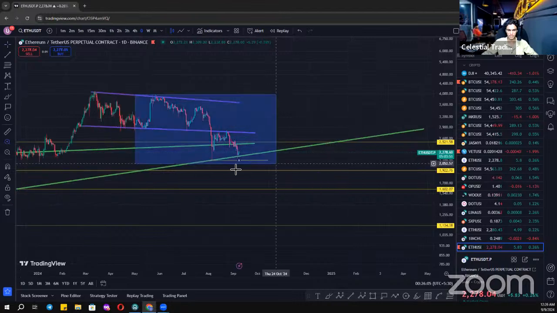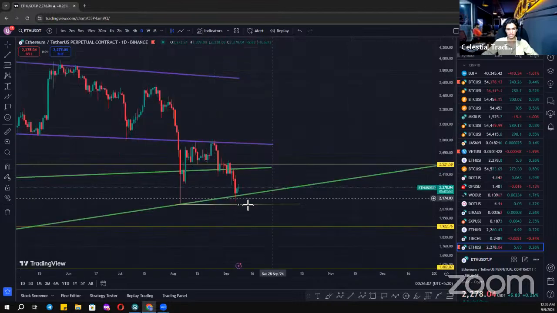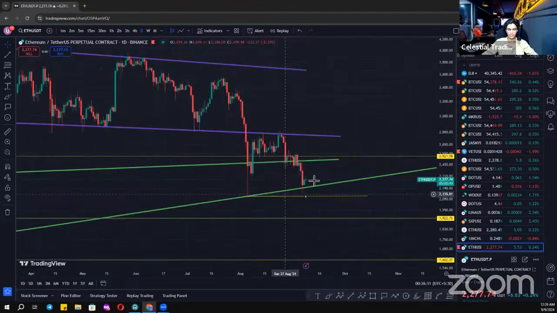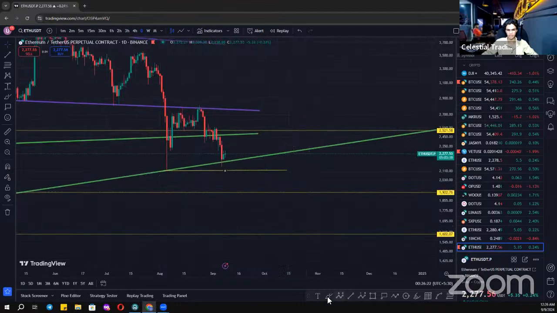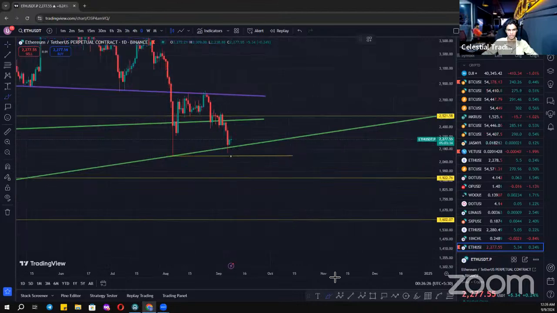So the second time it has respected, and it has swept the liquidity over here, and it is looking for a little bit of a pump. We can expect the market to fall, get respected in this area, and fall again. Now the BTC market is in an uptrend.